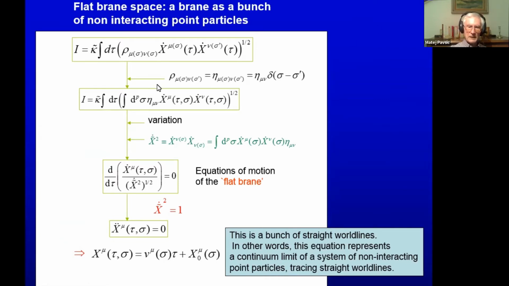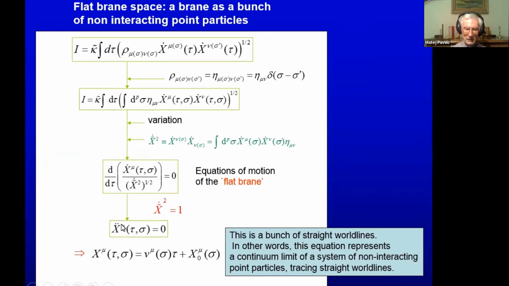Then the action obtains this simple form here, just eta mu nu and this, and variation of this action gives you this equation of motion here. And we can choose a gauge in which this x tilde squared is equal to 1.